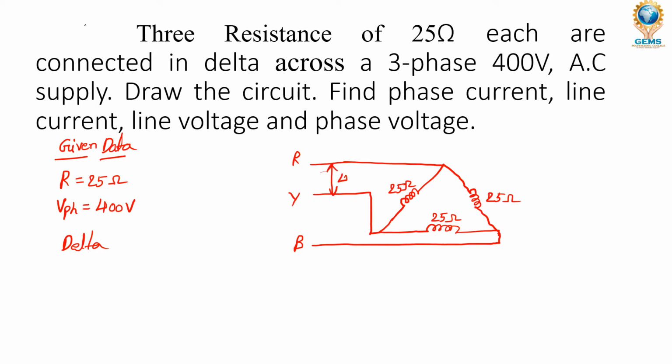Here the voltage is 400 volts. So now we have to calculate phase current and line current. We'll see here.